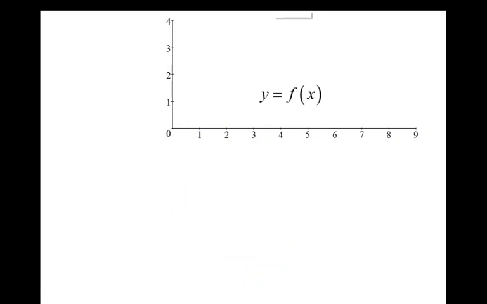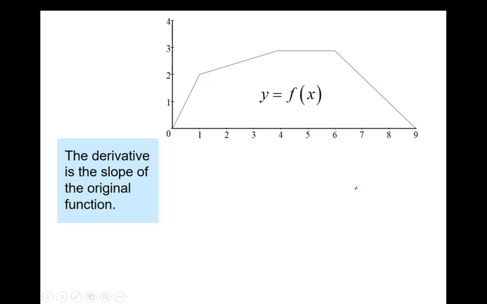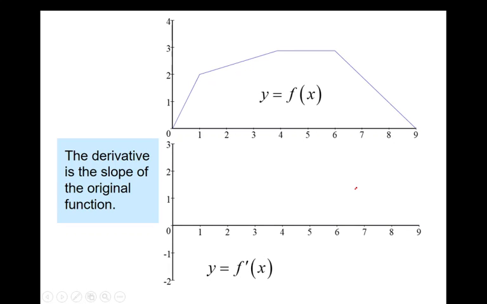Basically, we're going to go over this concept. I've given you this graph. Looks like this. This is my f of x. What we're going to do is, the derivative is the slope of my original function, so I'm going to graph the derivative. This is the graph of the derivative.